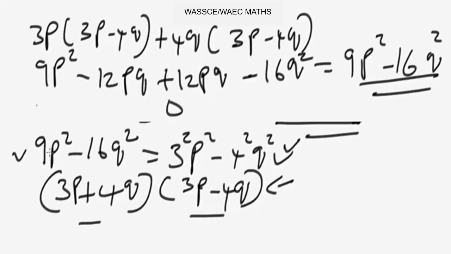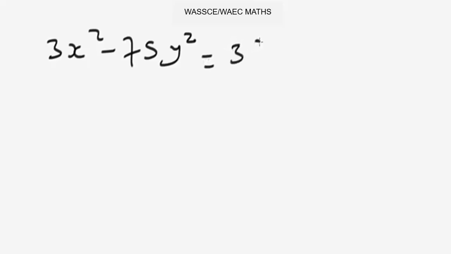Now let's wipe this and look at another problem so that we will understand it better. Okay, now what if you are given this kind of problem? Let's say we are given 3x squared minus 75y squared. When you factorize this, firstly, you're going to have 3 in bracket x squared minus 25y squared.